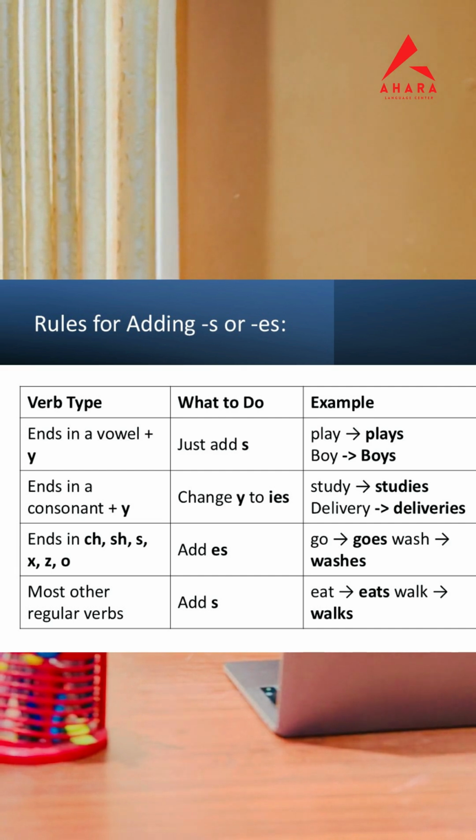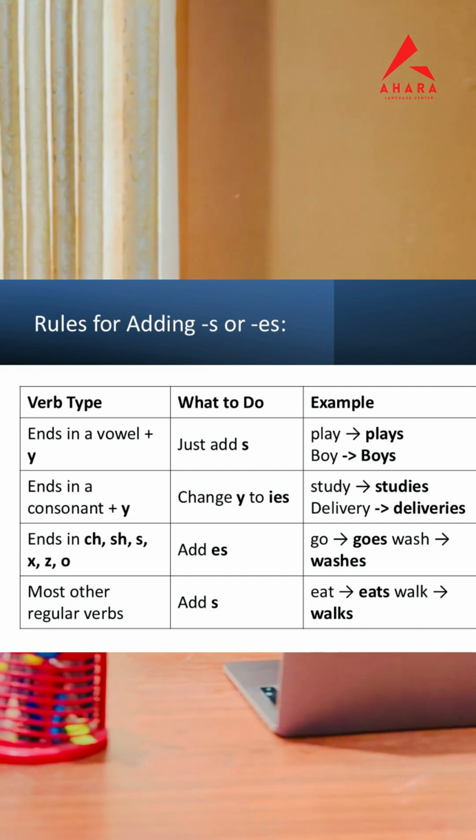For example, if it's go, then we will be saying goes. If it is wash, which ends in SH, we will say washes. Most of the regular verbs will add an S at the end of the word. For example, eat will become eats. Walk will become walks. So keep it in your mind, children.